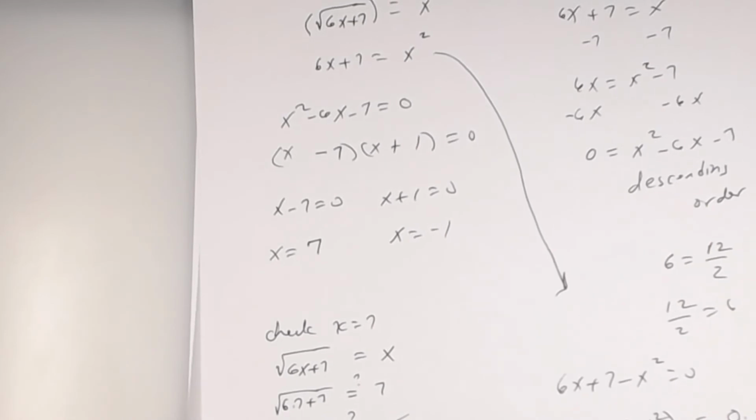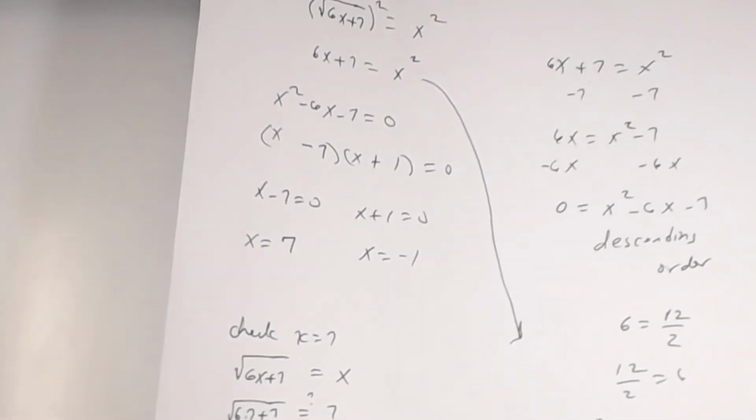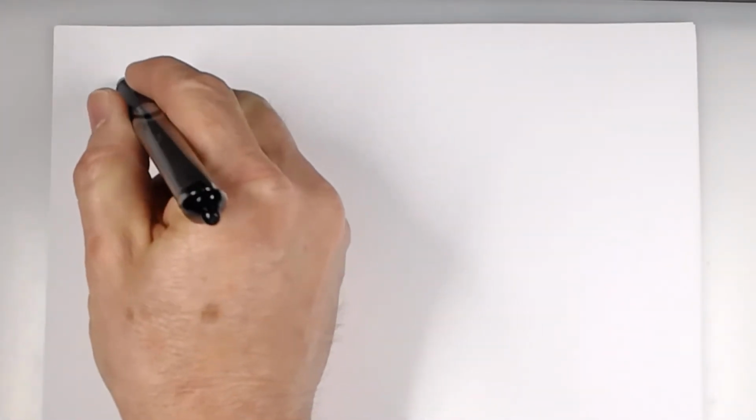All right, so that's number 4. So in that handout, you'll see that it says check the proposed solutions for any extraneous solutions. So in number 4, we did have an extraneous root, so I can't use it. All right, let's look at number 5. All right, number 5.